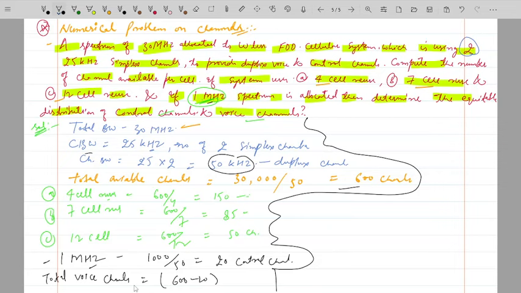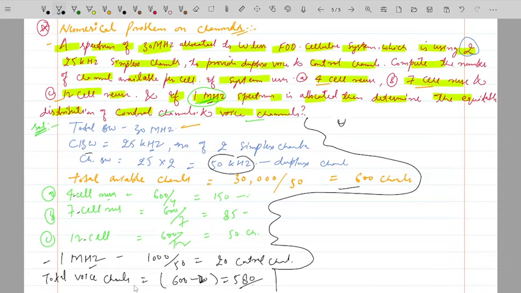If we subtract the control channels from the total channels, we will get the total voice channels, that is 580. These 580 are the total voice channels. So we again take these three cases for 4 cell reuse, 7 cell and 12 cell reuse.